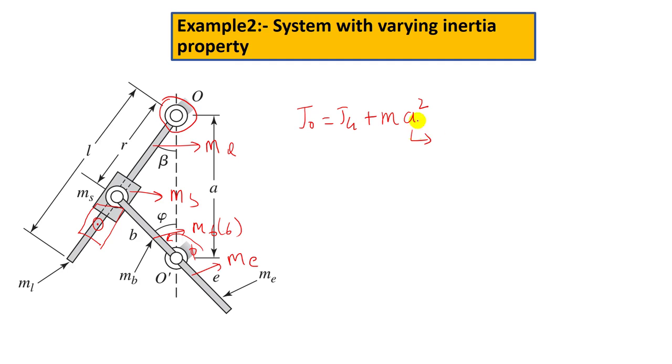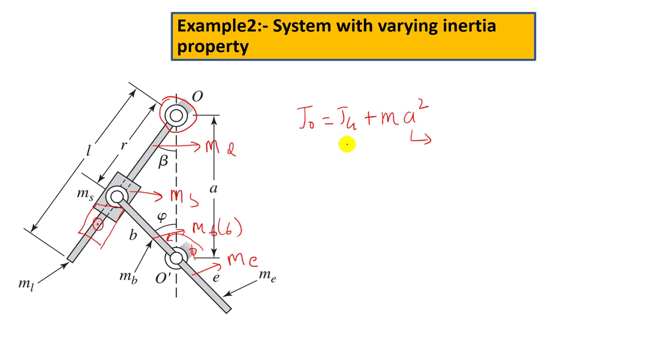In this case, this a will continuously change as a function of phi. So just by looking at this one system, we can say that the total polar moment of inertia of this system is not going to be a constant value. It will change or update with the change in phi.